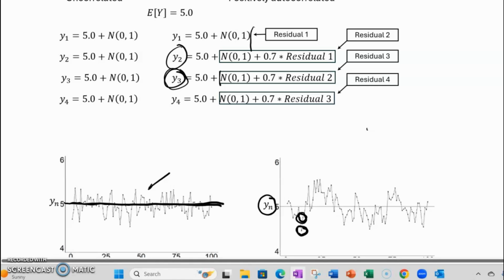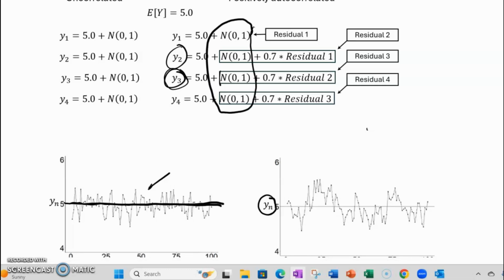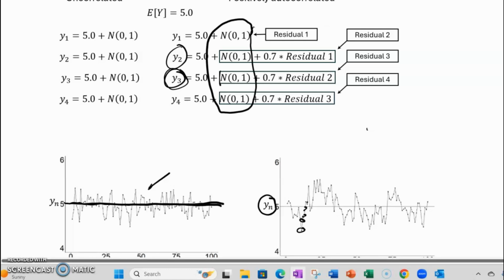But remember, each item in the sequence has this random draw from a normal distribution. So just by chance, you might get a few of these here that are above 0. As a consequence, the value of y becomes greater than the expected value.